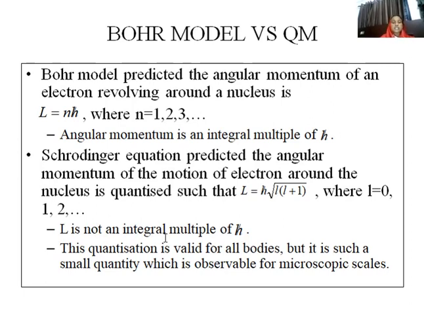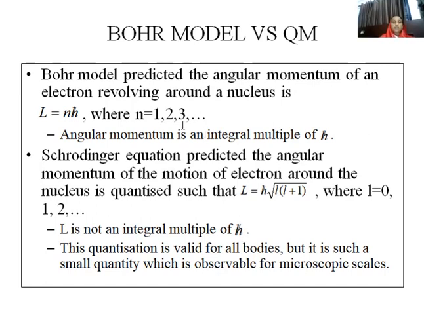This quantization is valid for all bodies, but it is such a small quantity that it is observable only on microscopic scales, because h cross is very small, of the order of 10 raised to minus 34. So its quantization has a great effect only for microscopic bodies.